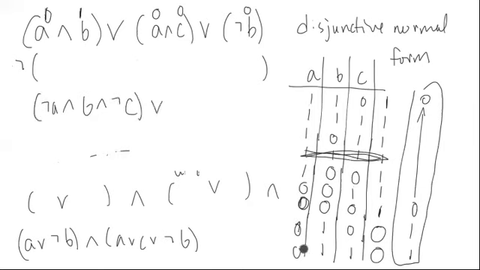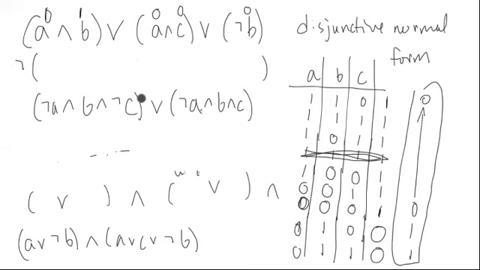And the other term is going to be not A and B and C. Notice how we can just read that off from that line right there. So not A, B, and C. So that would be right here. We have this, and we're ORing it together. Great.